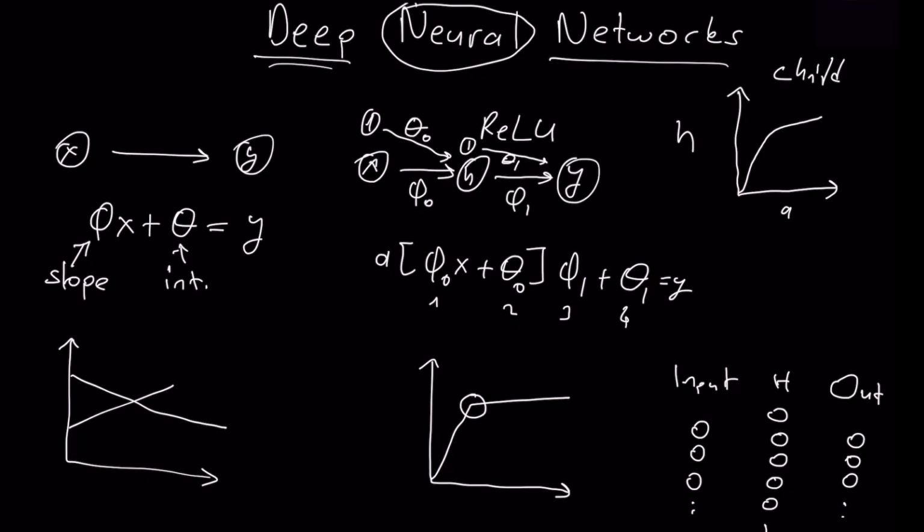And if there's only one hidden layer, as you can see here, we call it a shallow neural network, and the width of this represents the depth of our network. If you have more than one hidden layer, we call them deep neural networks.